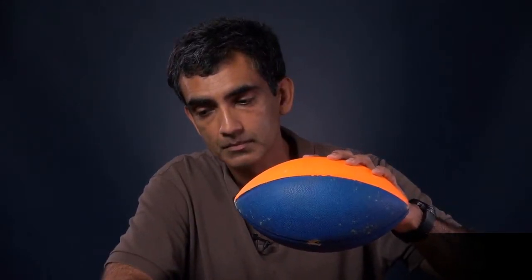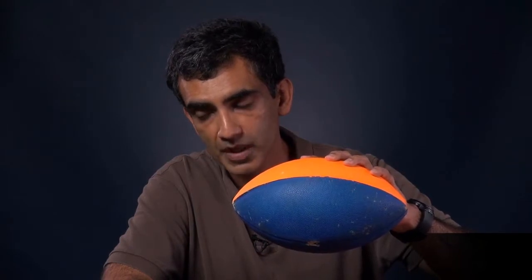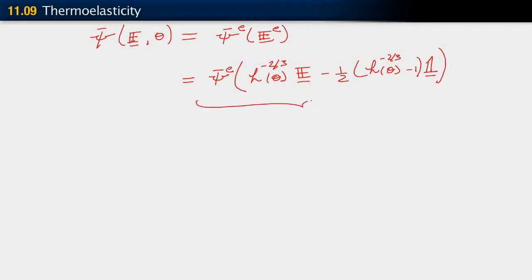In that case, the elastic part of the Lagrange strain tensor would be 0, and the material would not store any more energy. But having written out the elastic part of the strain energy function in this form, we clearly have a dependence upon E and upon theta.